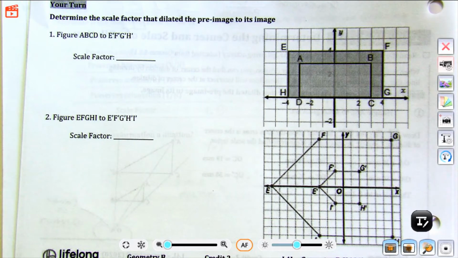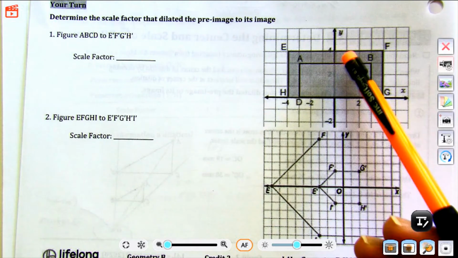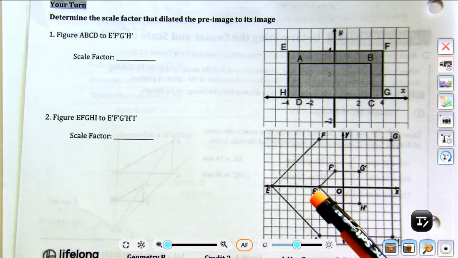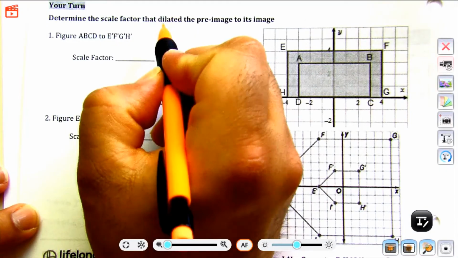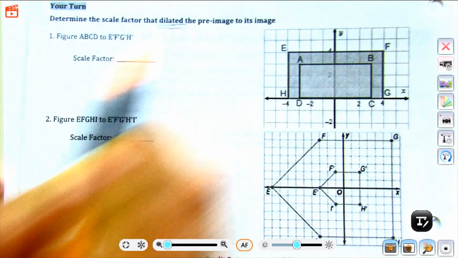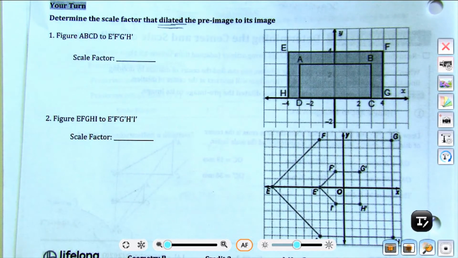So we don't actually have to figure out the slopes for these problems because they're already telling us that these 2 figures are dilated. But what we do have to find is the scale factor. Now to find the scale factor, I would pick a side that is straight, and I would count the squares to find the length of a side.